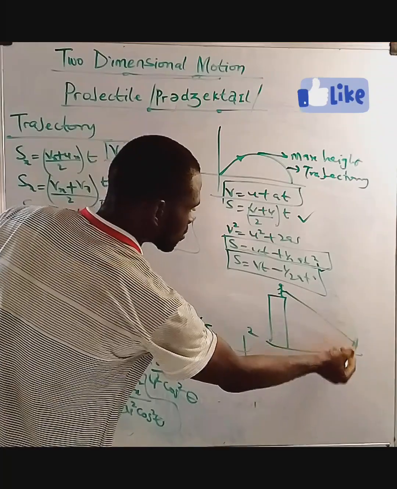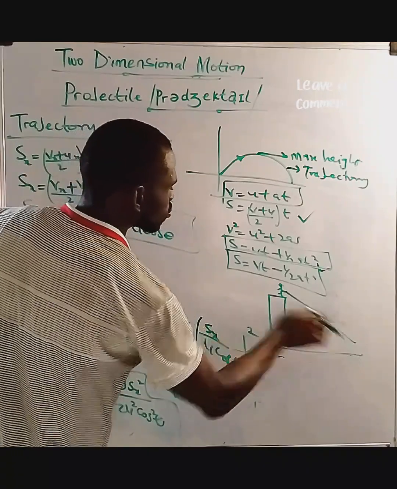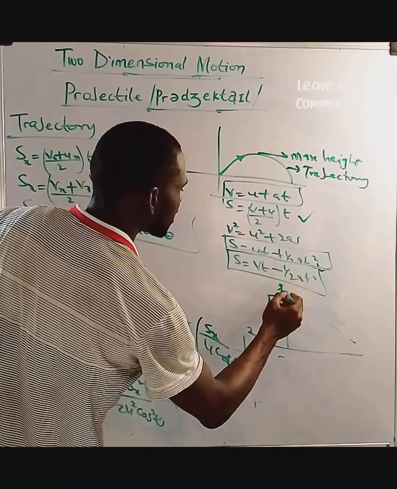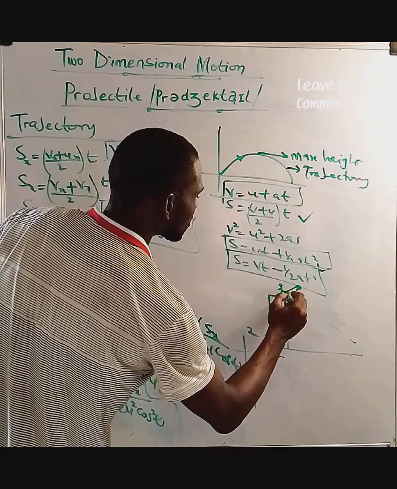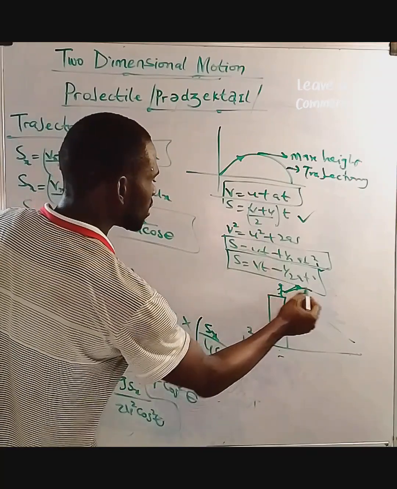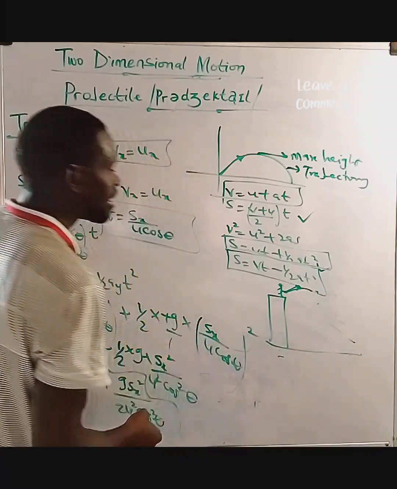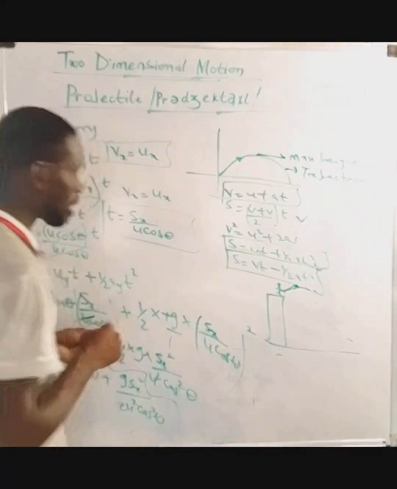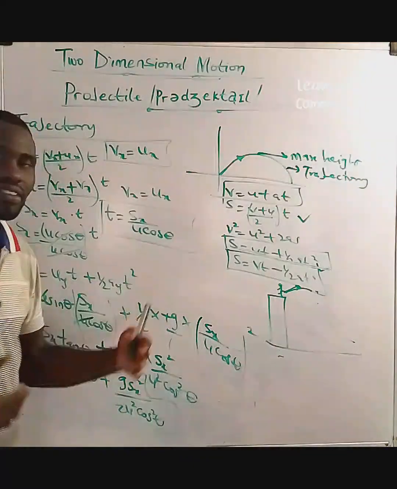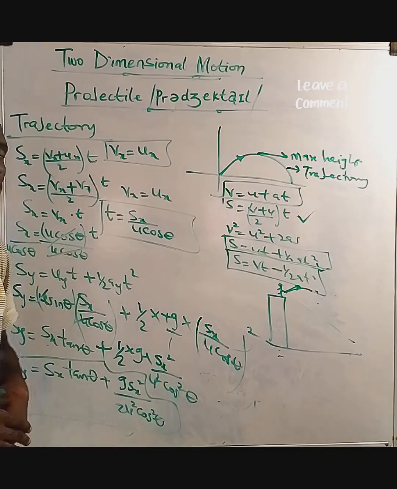The body will cover a distance along the y-axis and also a distance along the x-axis. The person could just throw it down, or project it at an angle. Throw it up, and two things happen. The body covers a max height, returns to this place, then keeps falling. So when we talk about trajectory, we're talking about distance along the x and y axes at the same time. That's what trajectory is all about.